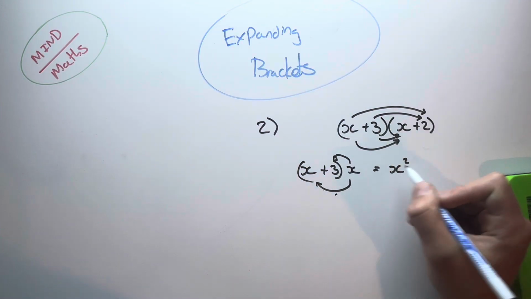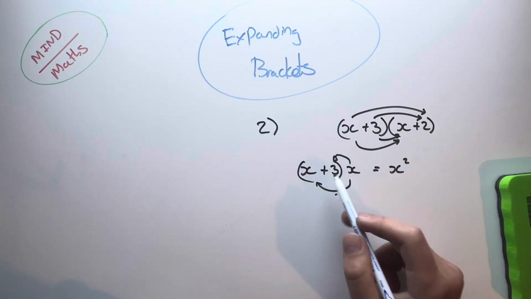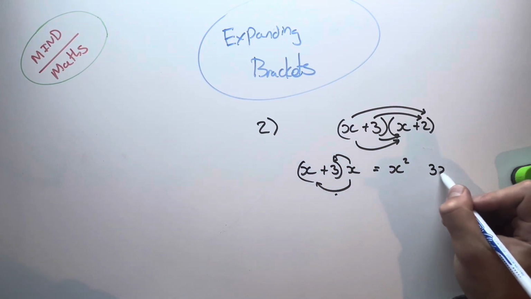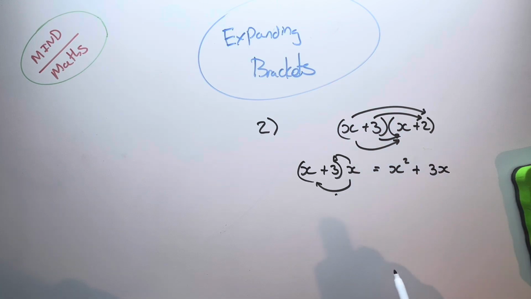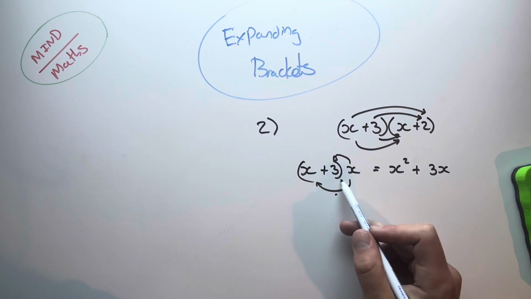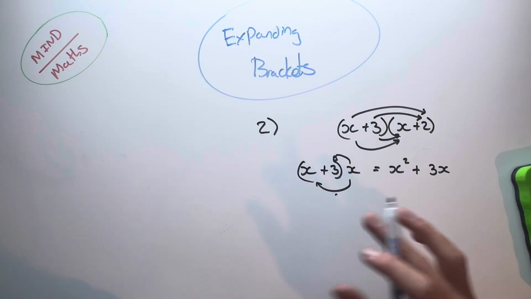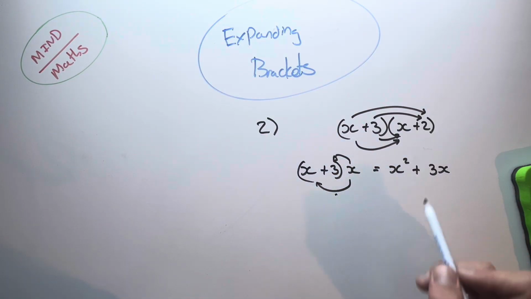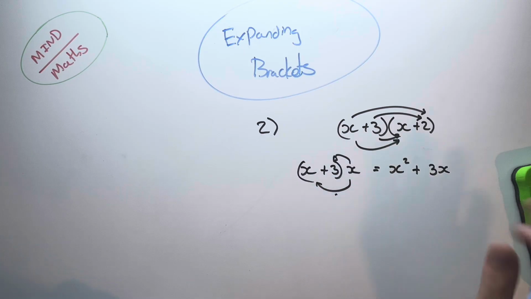And 3 times x is equal to 3x. Because it's a positive 3x, it's just plus 3x. As you see, we have got rid of the brackets and end up with x squared plus 3x.